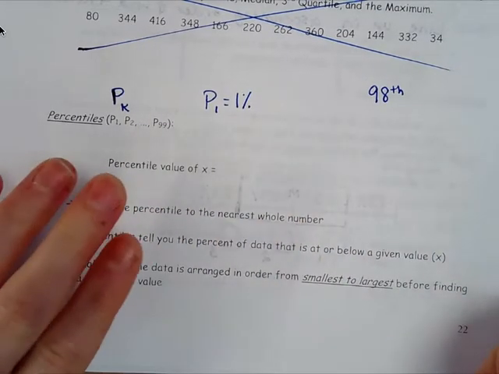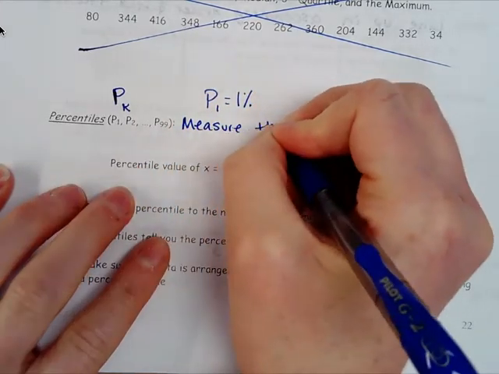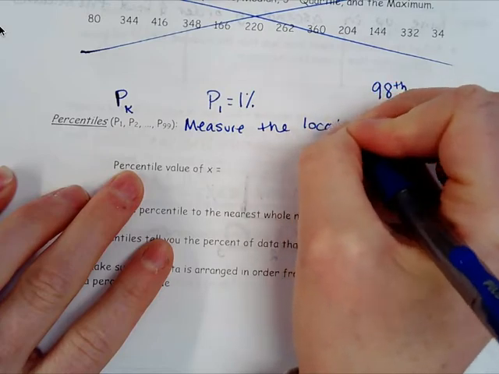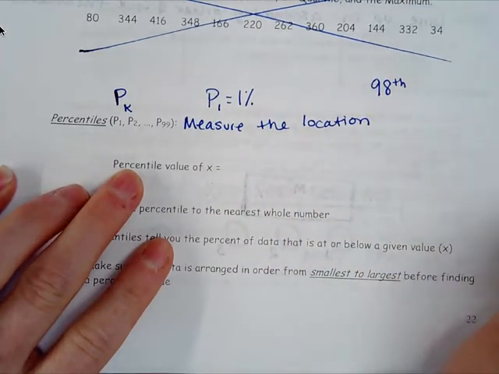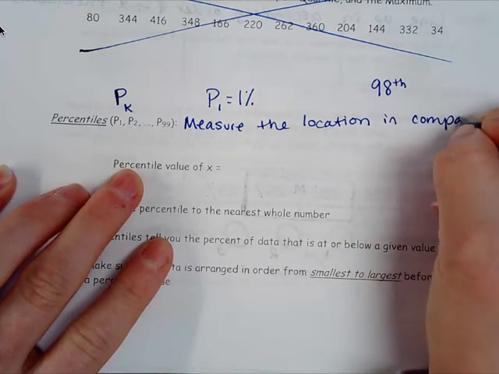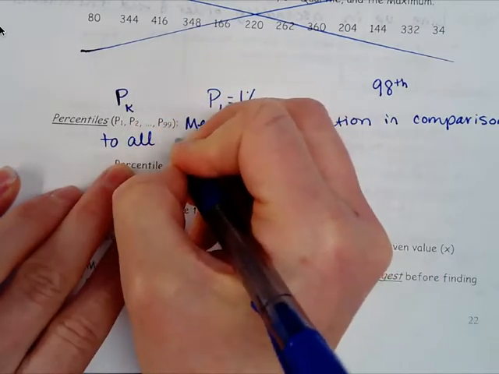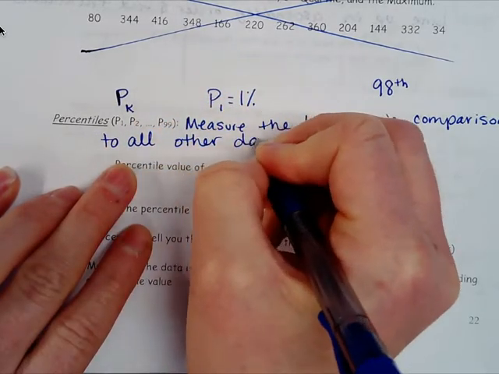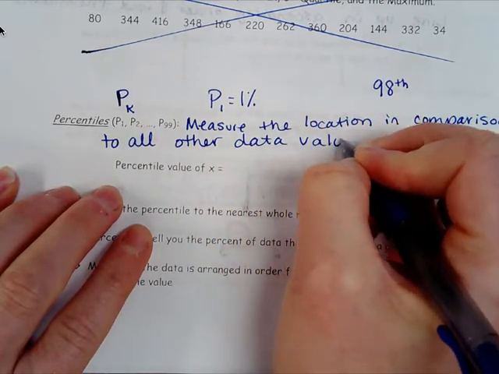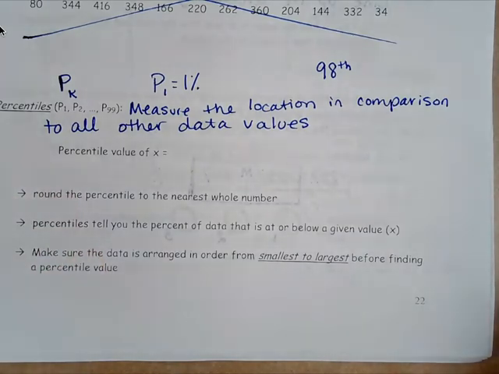So percentile X is going to measure the location in comparison to all other data values. So it's finding a percent.